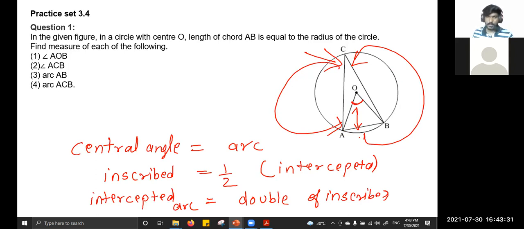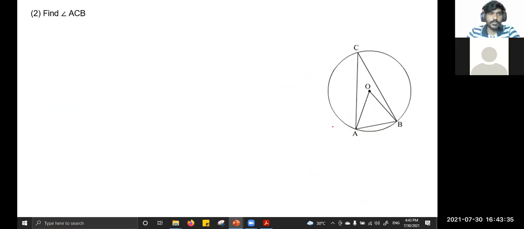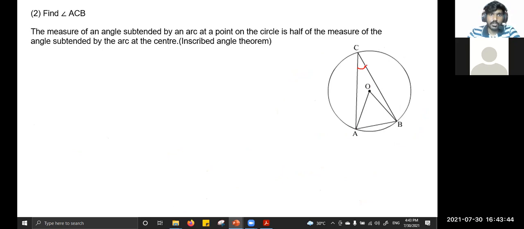Okay. So we can continue writing for the second one. To find angle ACB, that is this one, that's the inscribed angle.